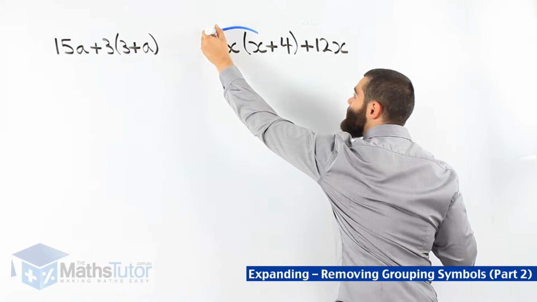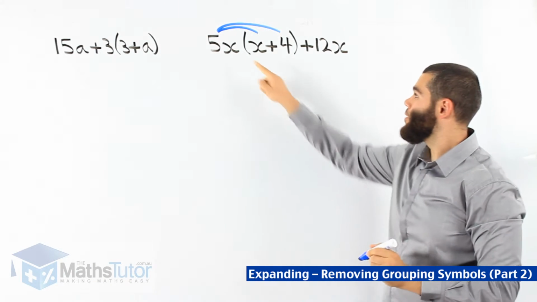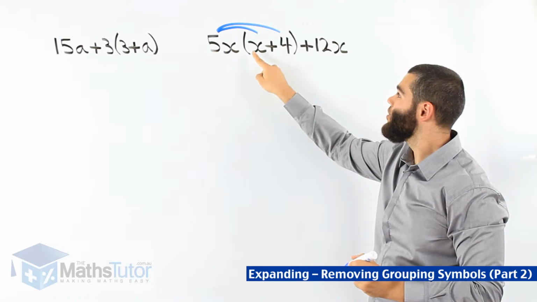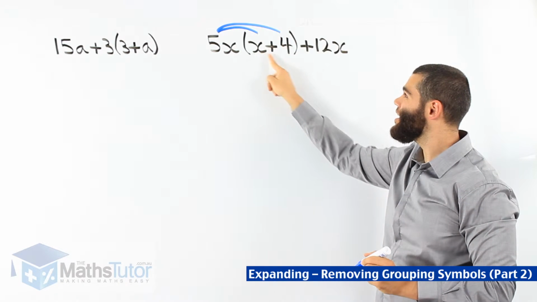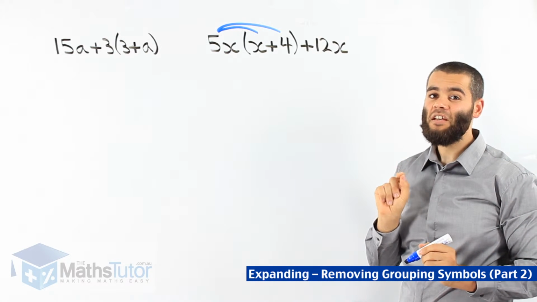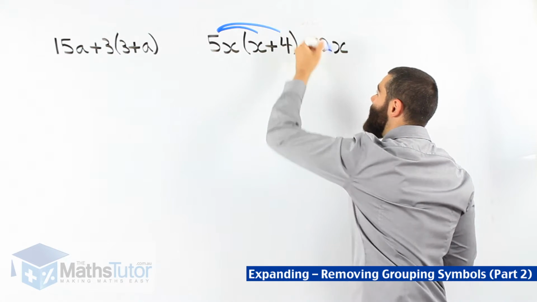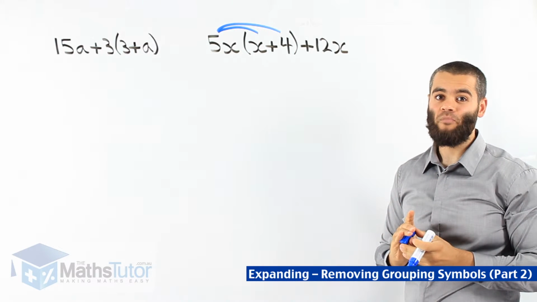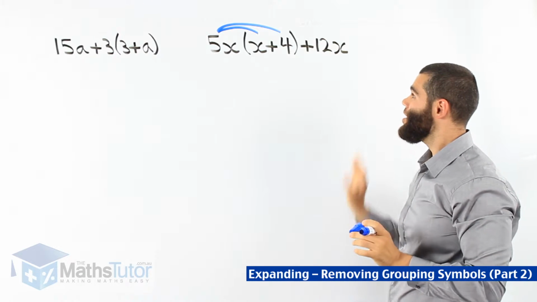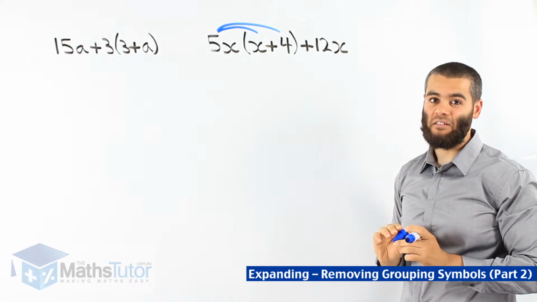So let's get started here. We know we have to show the arrows. What do you notice? I'm multiplying 5x with only what's inside the brackets. Very important. I don't want to see students writing this down and then multiplying the 5x with the 12x, because I've seen that before. Don't do that. Why? Because you're multiplying 5x with only what's inside the brackets.